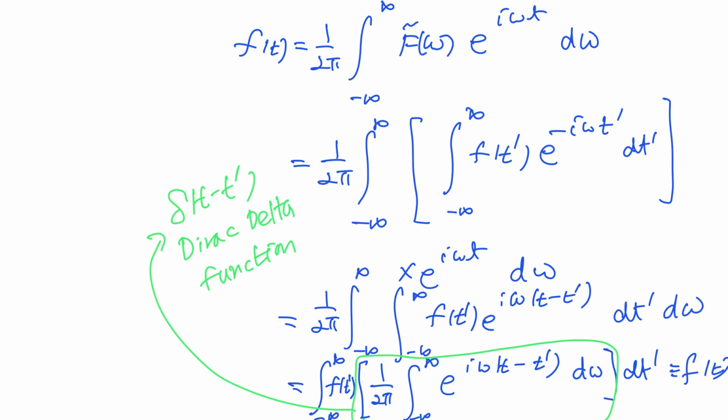You need to see that. So take this integration from minus L to L, and then take the limit of L going to infinity, and see whether this becomes a delta function.